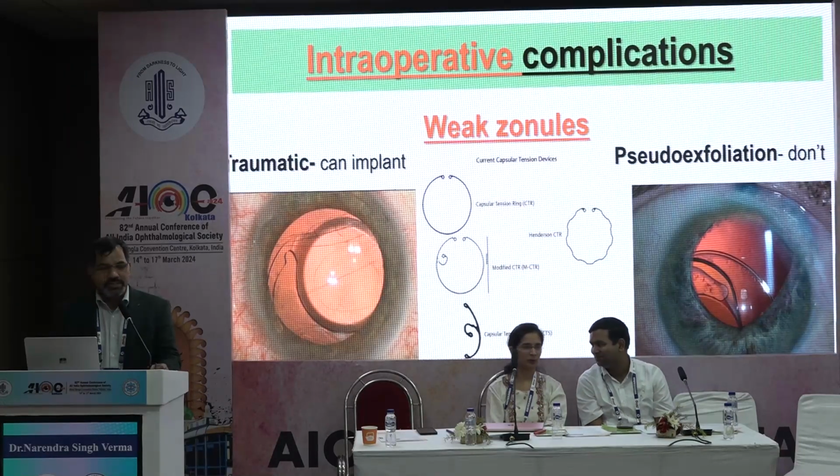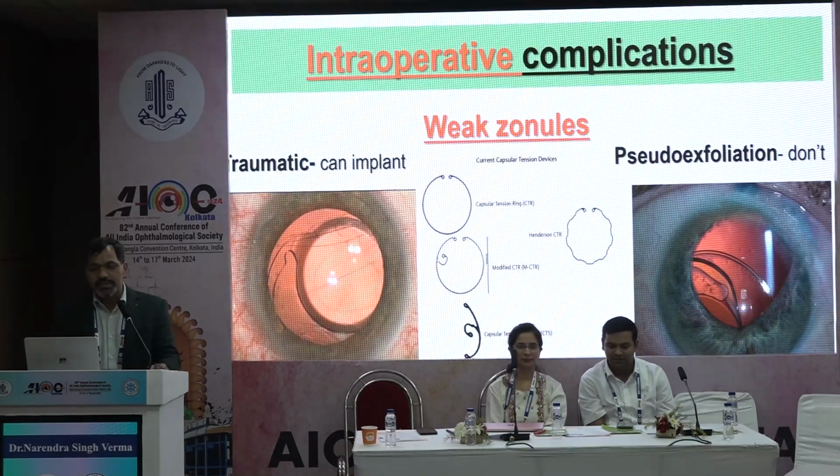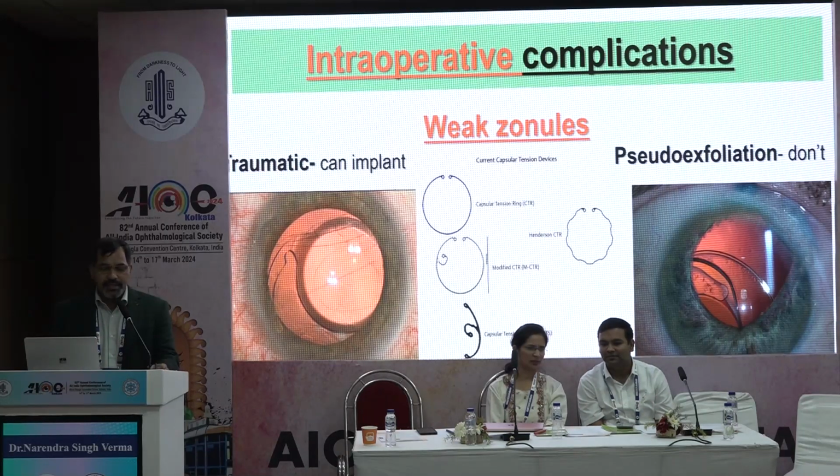When there are weak zonules, there are two types of conditions. It may be iatrogenic, at the time of doing phaco or during IA or removing the cortex, when you may mistakenly hold the anterior capsule, or it may be traumatic.